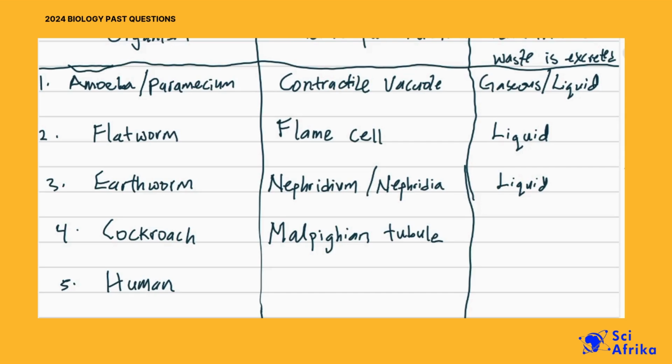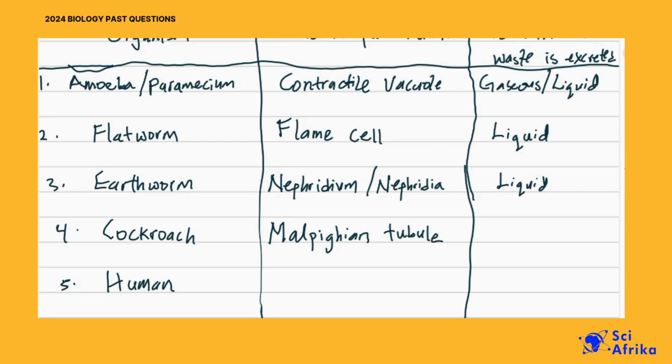For example, I have seen textbooks that spell Malpighian wrongly by putting H after the P. If that is spelled that way, it should be marked wrong by WAEC examiners. So we should be mindful of how we spell our words in biology, because wrong spellings would warrant no score. So Malpighian is P-I-G, not P-H-I-G.